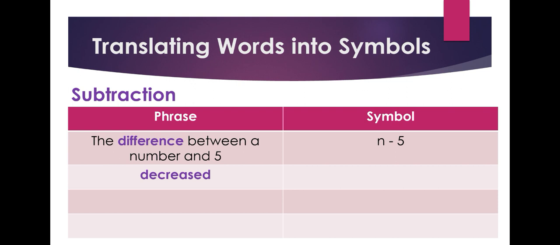Decrease means to subtract. So, we have a number decreased by 5. We will have n minus 5. Okay? So, a number decreased by 5 is written as n minus 5. And be careful when using the subtraction symbol, because in subtraction, the numbers and the variable cannot be reversed.